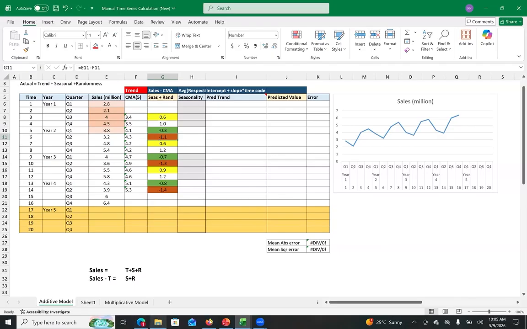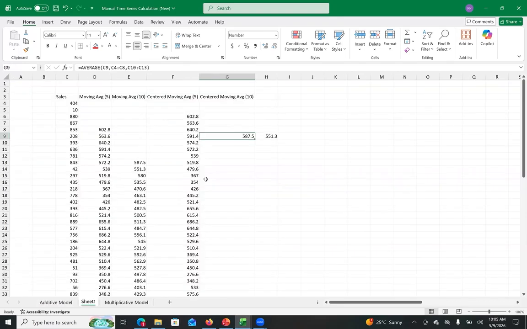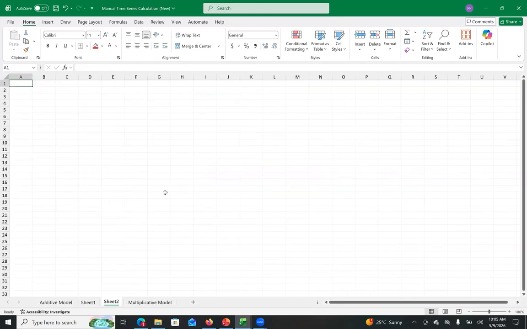So let me try to show you with an example. I hope I will be able to explain this. Let's say I have some seasonality component, Q1, Q2, Q3, Q4, and let's repeat that.